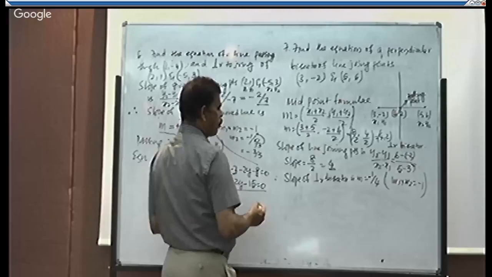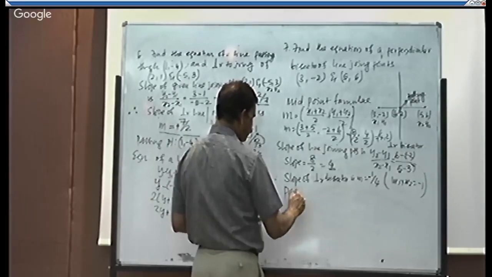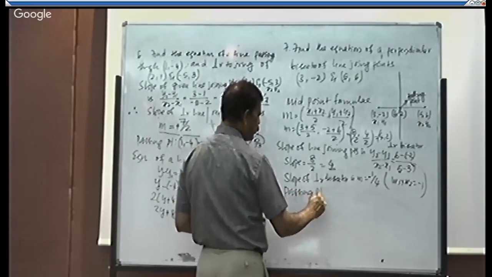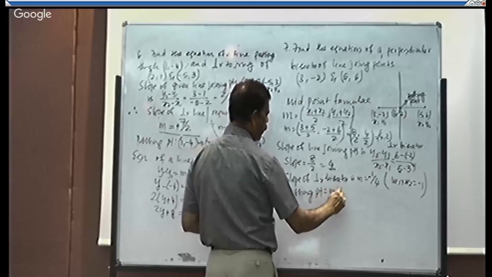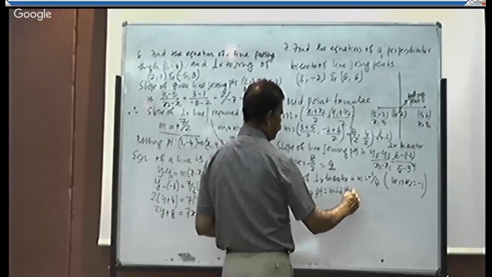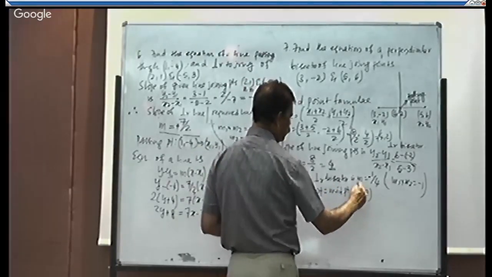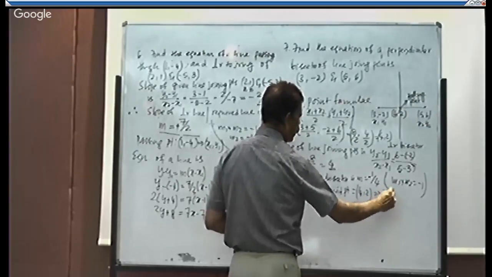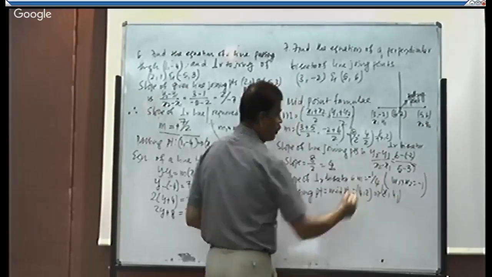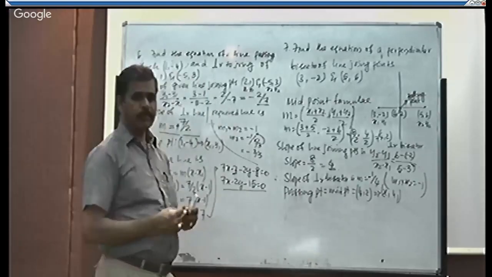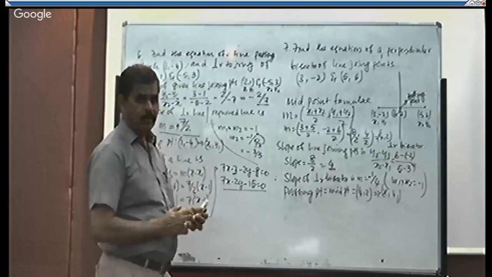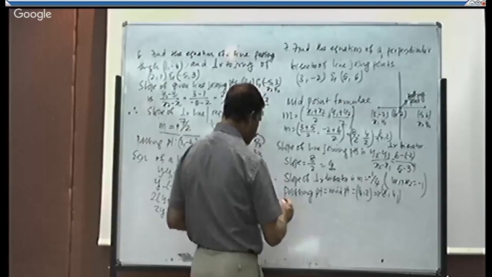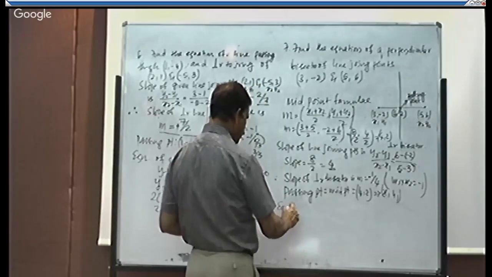So we have the passing point, right? What is the passing point? The passing point is the midpoint. That is 4, 2. That is considered as x1, y1. Now we got both the passing point as well as the slope. Using these two, get the equation.